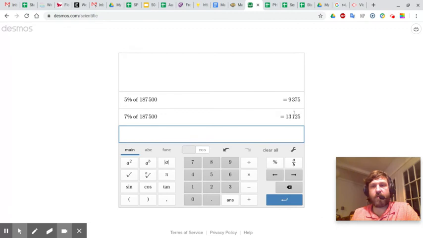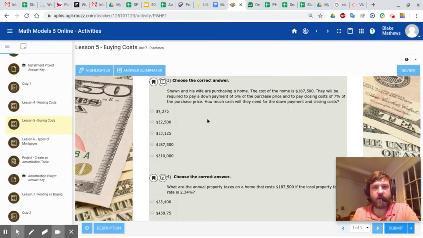So literally all I'm doing is finding 5% and 7%, and then I'm adding those numbers up. So 9,375 plus 13,125, and I get 22,500. There it is right there. So you're going to be multiplying the down payment percentage times the cost, the closing cost percentage times the cost, and adding up the answers that you get.